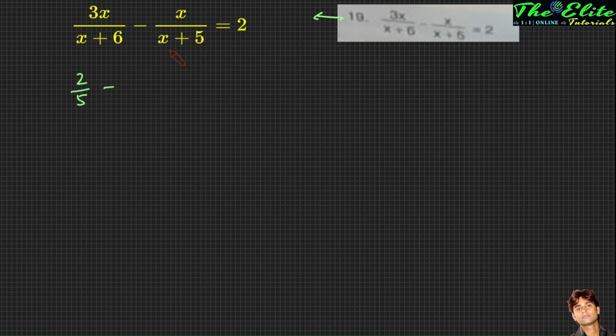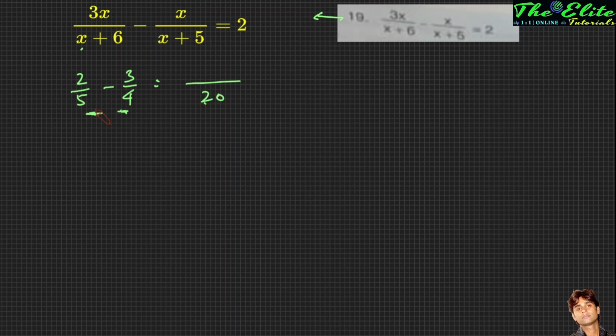Suppose another fraction is 3 upon 4. If you have fractions with known numbers, though here we don't, since x is a variable, how do we subtract or add them? You find the LCM of 5 and 4, which is 5 times 4, 20.